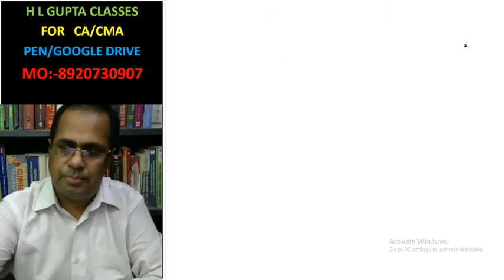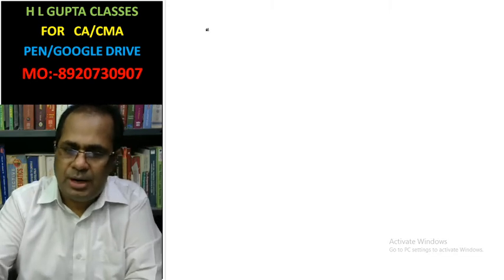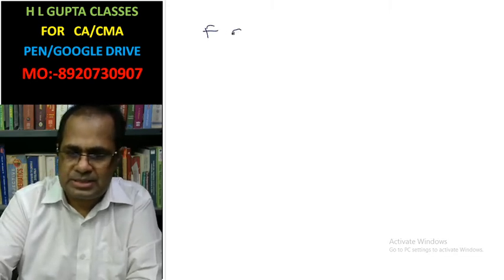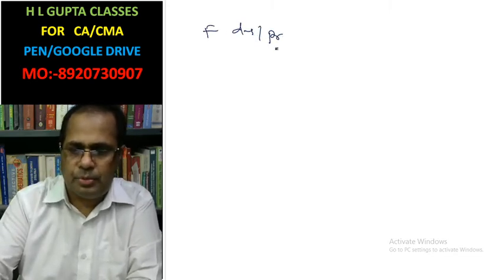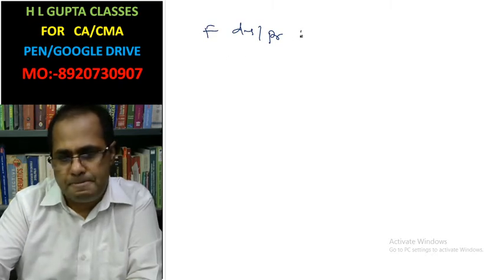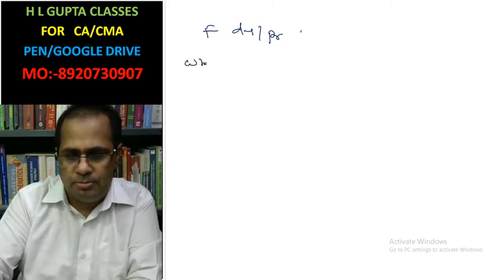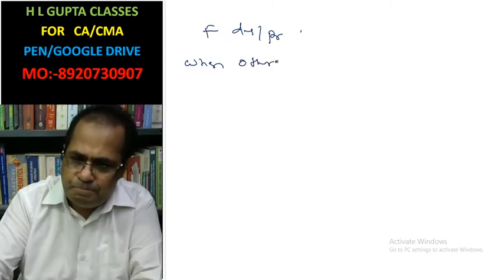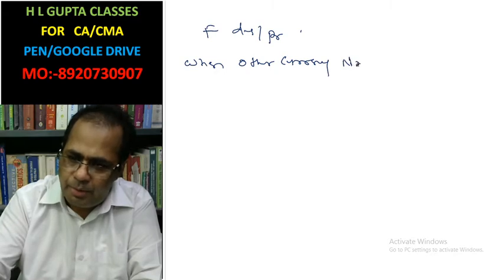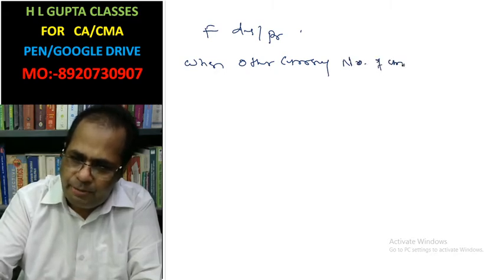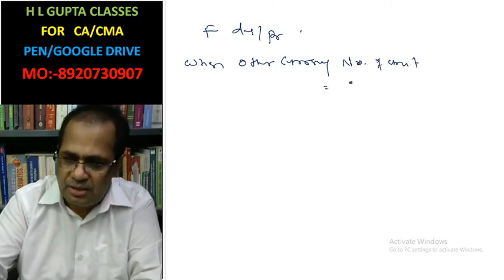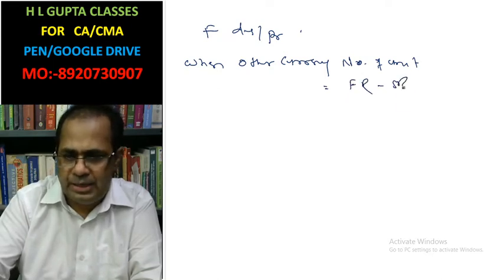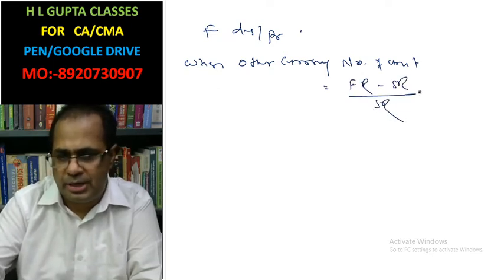The formula for forward discount or premium when the other currency is number of unit is forward rate minus spot rate upon spot rate into 100.